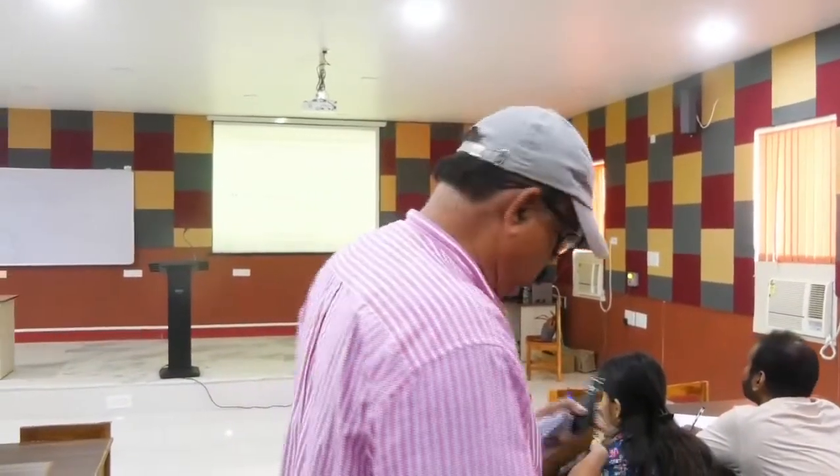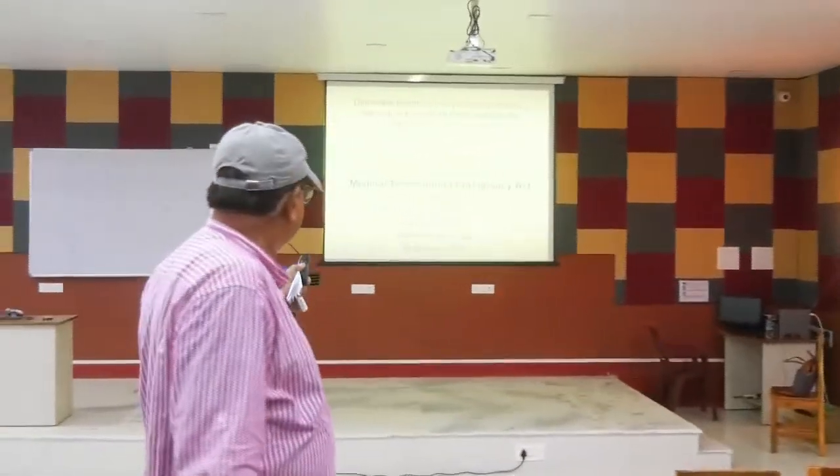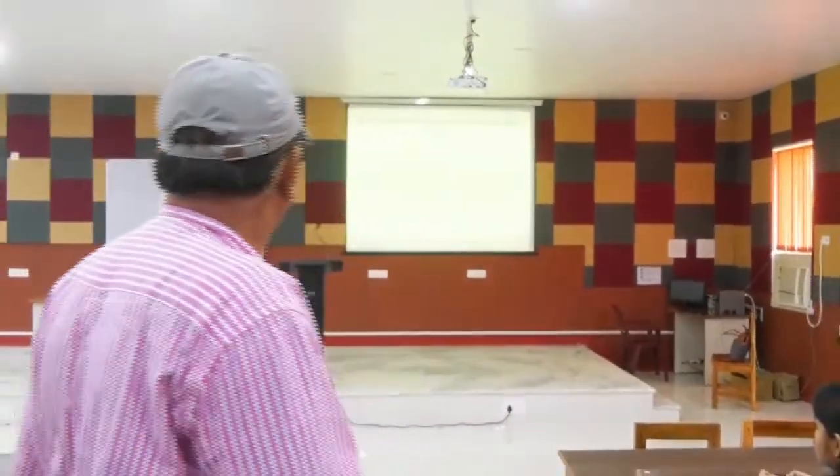Lot of mothers everywhere, the whole of India, they were dying. Commonest cause was illegal termination of pregnancy. So that is the reason. And then government again modified it 75, 2000, 2002, 2003. Again it has been modified.